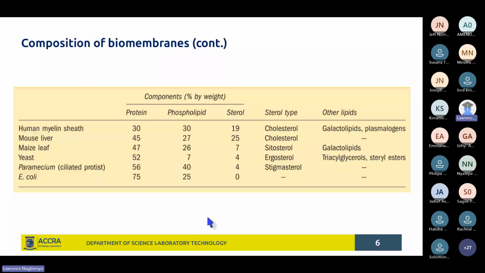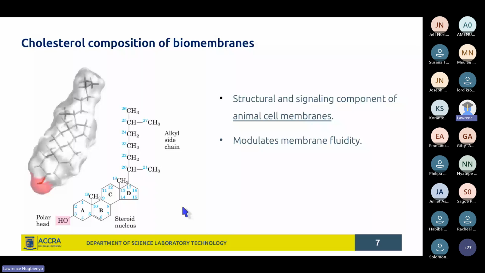Now, the major sterol that you do talk about a lot is cholesterol. Cholesterol we've seen to be also a major component of biomembranes, and you should pay attention to the fact that cholesterol is found only in animal cell membranes.